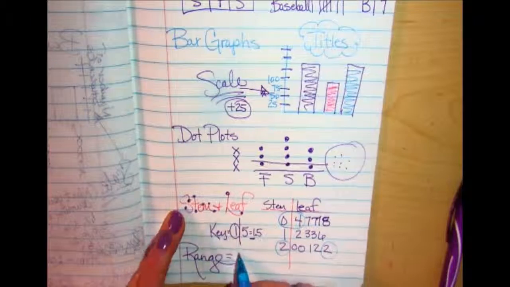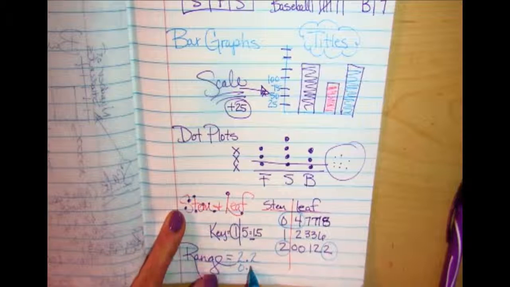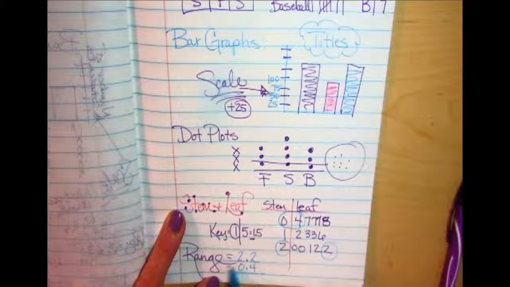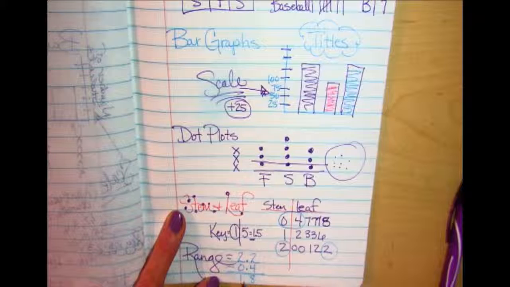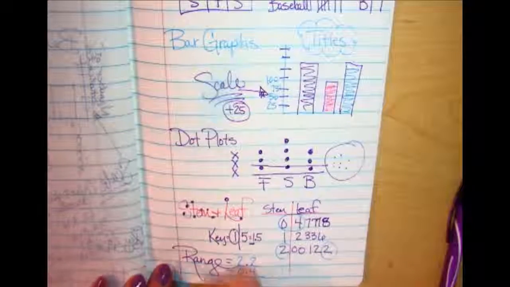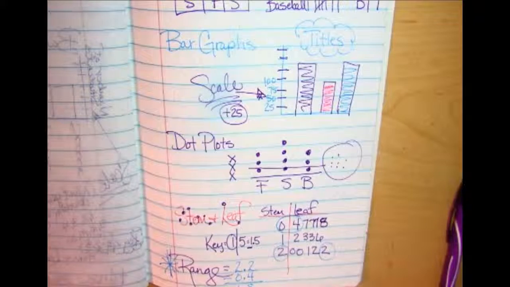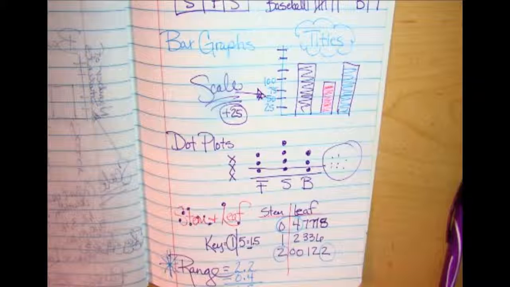So on this particular one, it would be 2 and 2/10 minus 4/10. And my range would be 1 and 8/10. This is going to come up in middle school quite a bit when you get to graphing in middle school, so make sure you know that word.